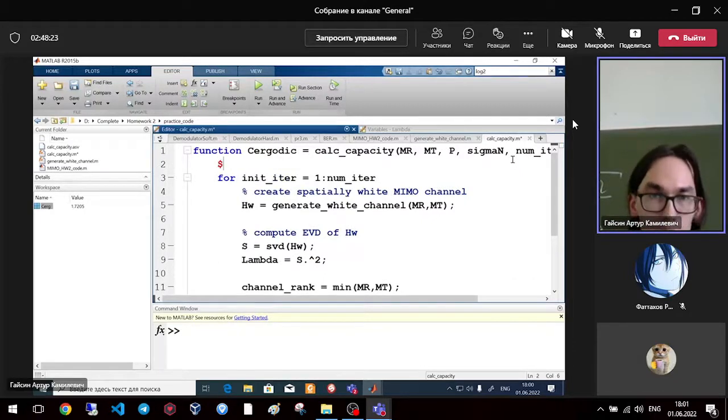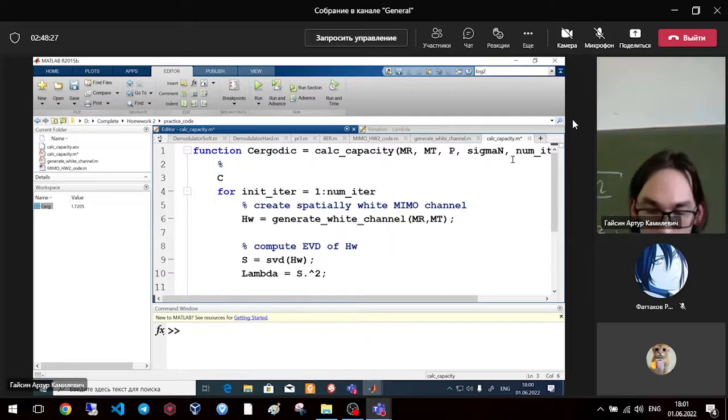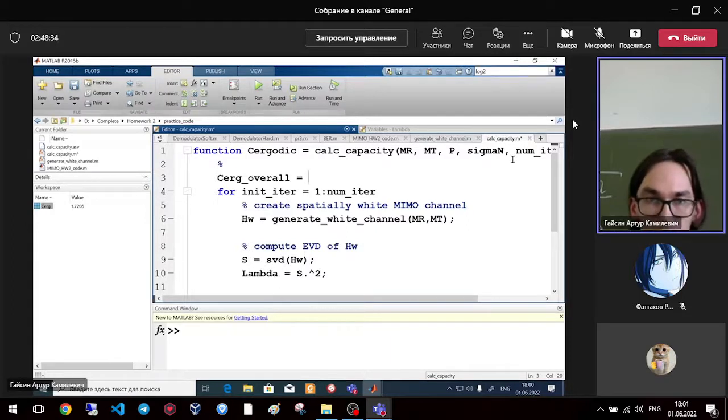So let's create another value here. Let's call it maybe C ergodic overall. Zeros of size, for example, let's put it as column. So number of iterations.